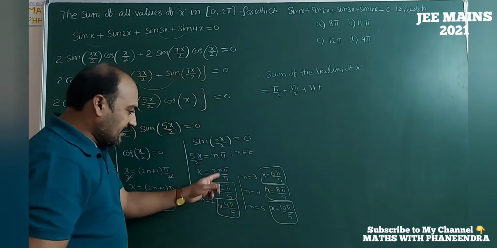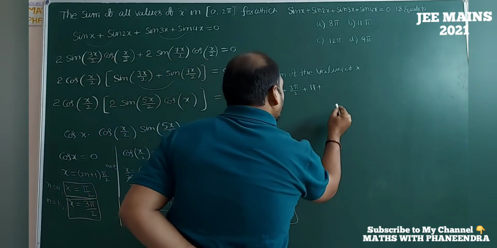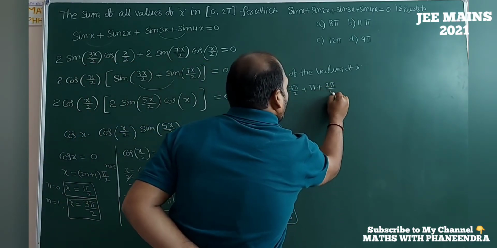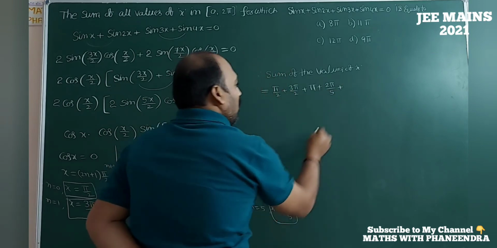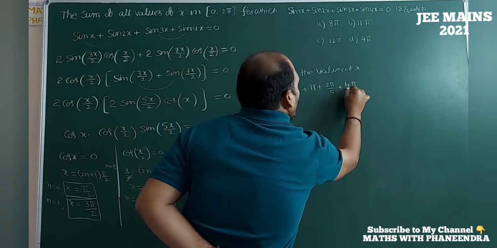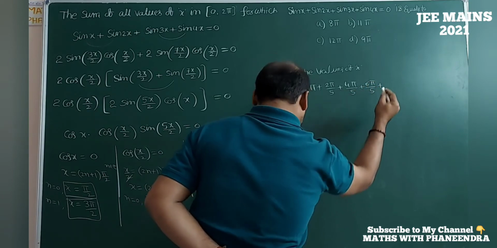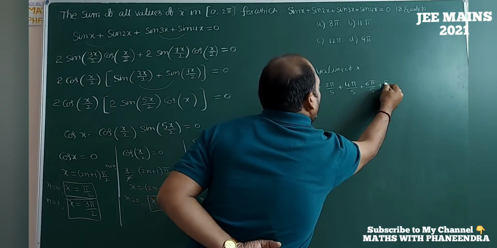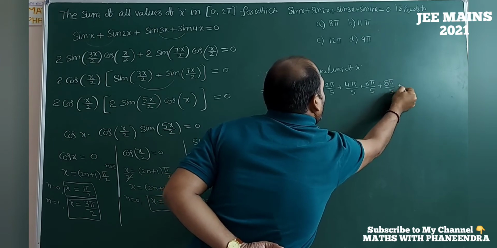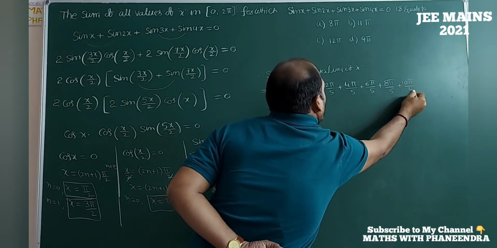After that you can add these five: 2 pi by 5, next 4 pi by 5, 6 pi by 5, plus 8 pi by 5, plus 10 pi by 5.